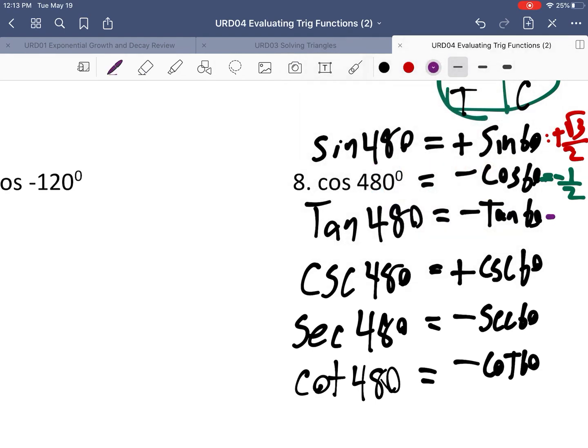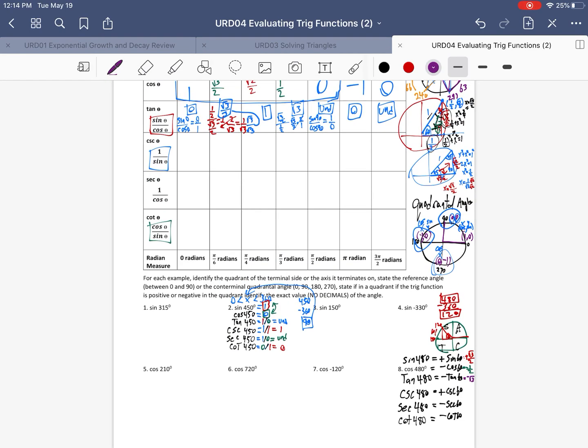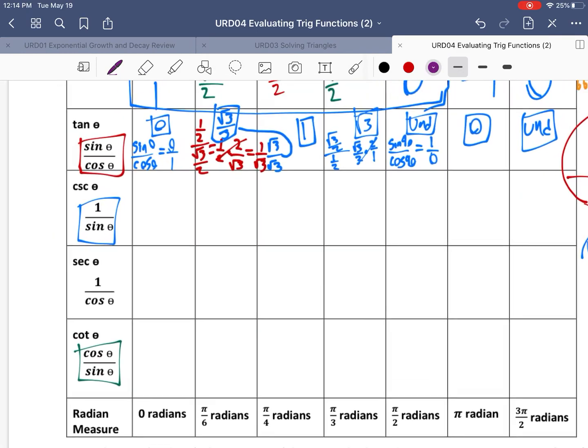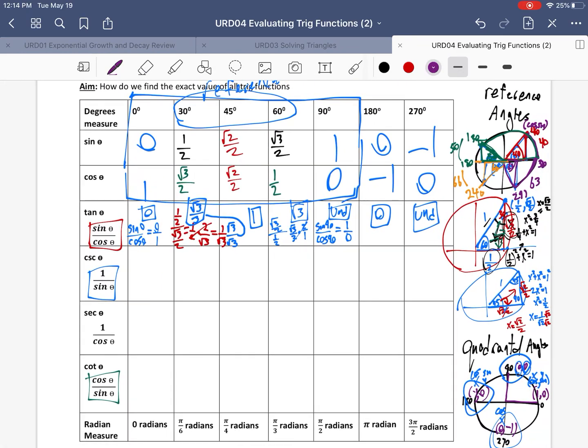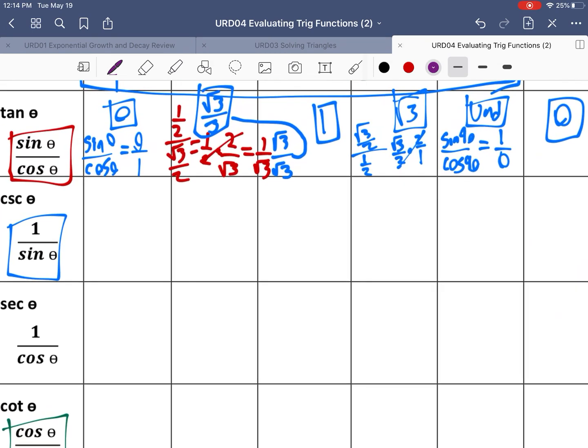For 480, the tangent is going to be equal to negative radical 3, because tangent is negative in this quadrant. And those are those values. Now, if I wanted to find the cosecant, the secant, and the cotangent, I actually have to take the reciprocal. So I'm going to do that on the table instead. You can complete the table if you want, but there's no reason for us to have to actually find the rest of the table.